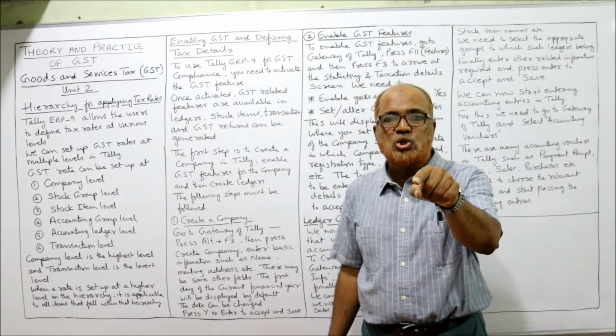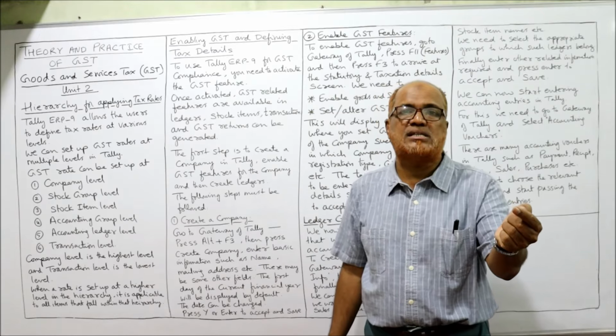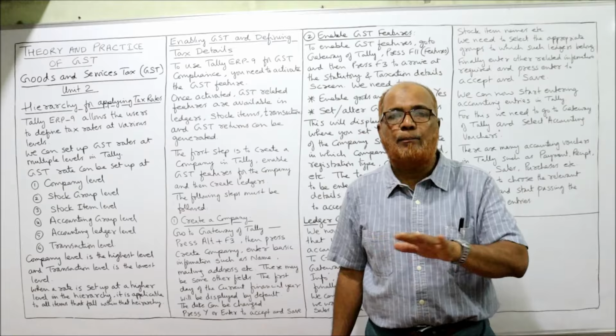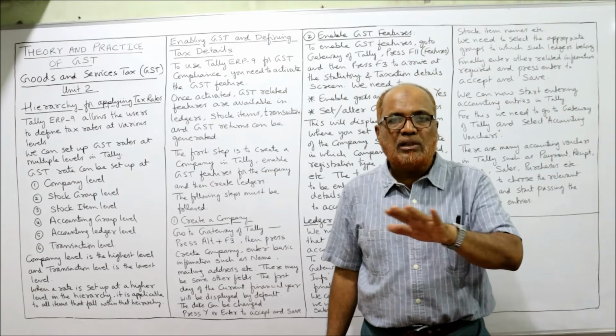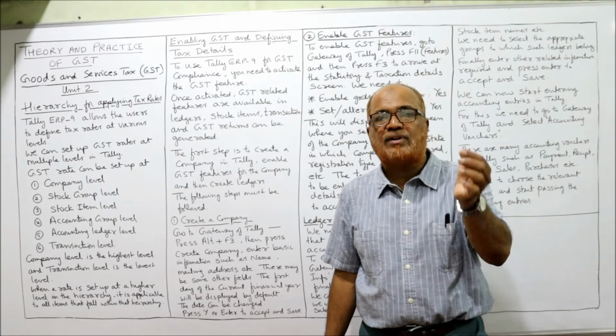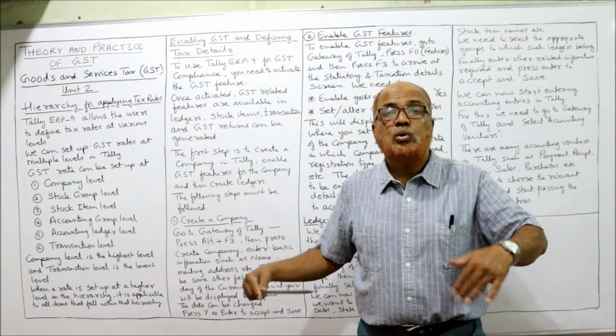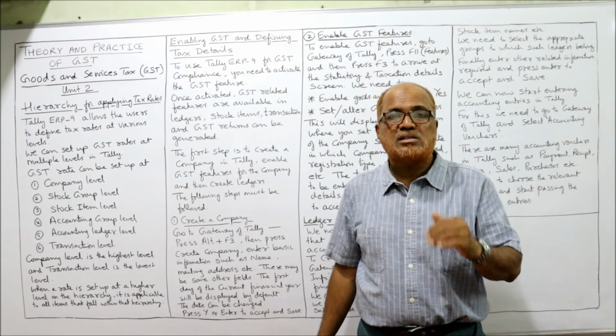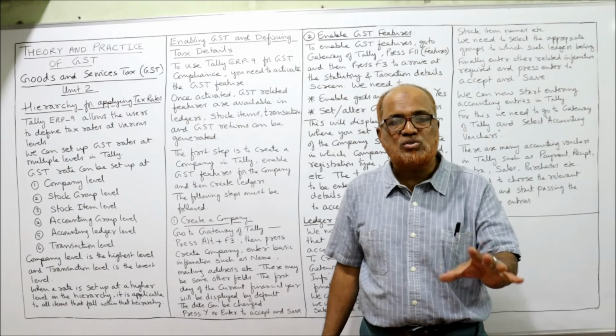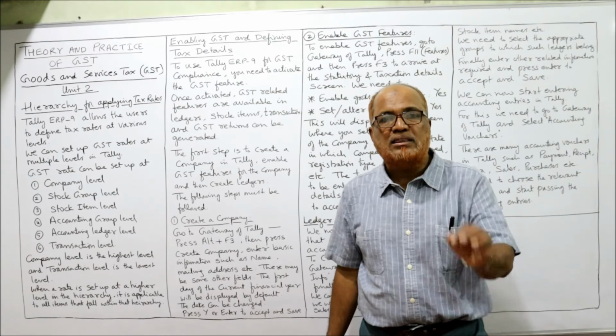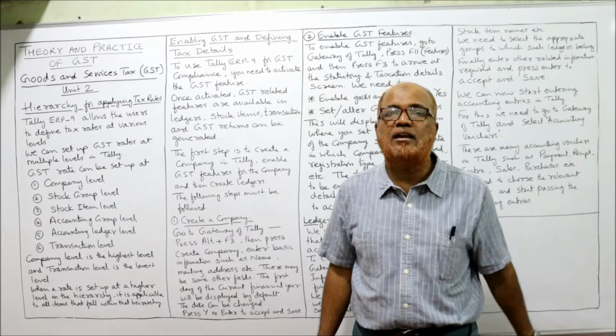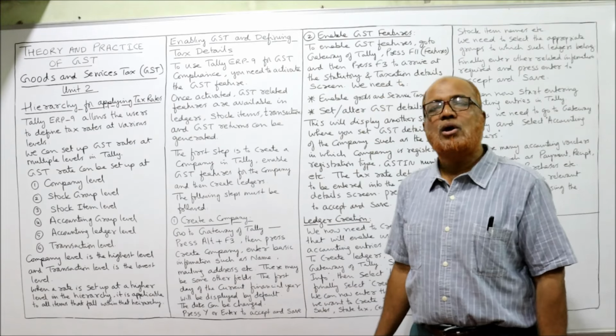Now it is your job to enable the GST. Then only you can get all the benefits and all the features of GST. So how to enable? Some procedure is given, steps are given. That's what we are going to discuss here, and that's what you have to write in examination. What are the steps?